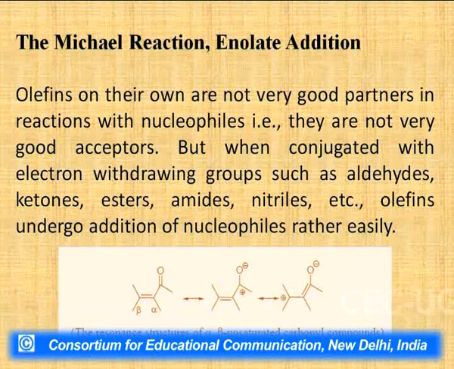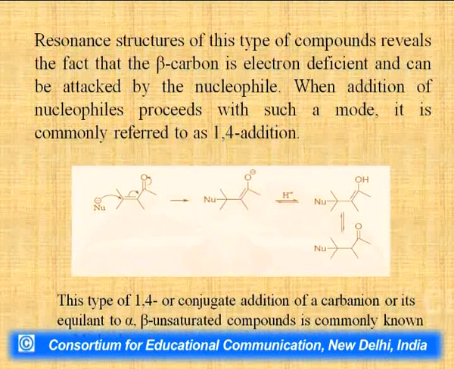You can see the resonance structure of an alpha beta unsaturated carbonyl compound. Alpha beta unsaturated means that this is the position related to the carbonyl compound, and there are two resonance structures. The resonance structure of this type of compounds reveals the fact that the beta carbon is electron deficient.